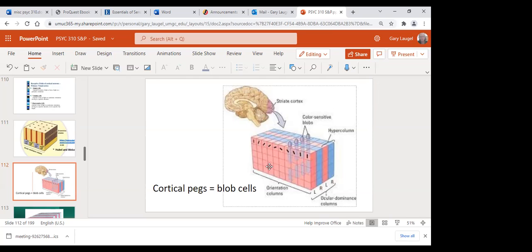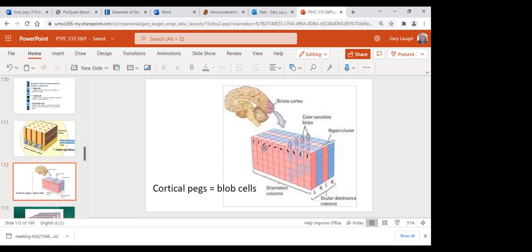In other words, this orientation column would have an angle of, I don't know, maybe 50 degrees, whatever this line is here. And so as the electrode goes into the cortex, the sensitivity of the nerve cells tends to be quite specific to that kind of a line orientation. Remember, we're recording from the cat's cortex as its eye is stimulated. So this is very delicate surgery.